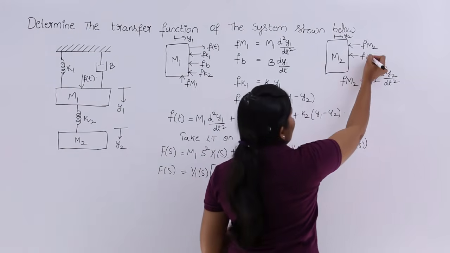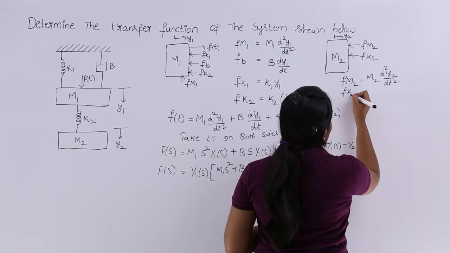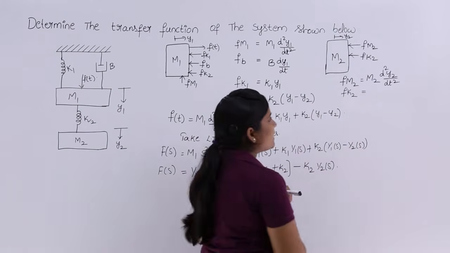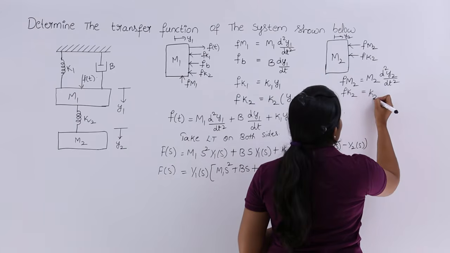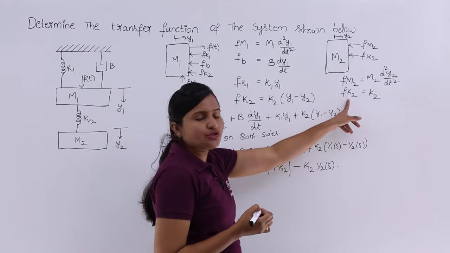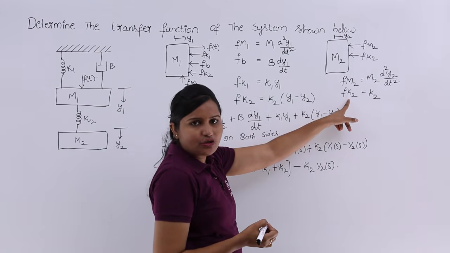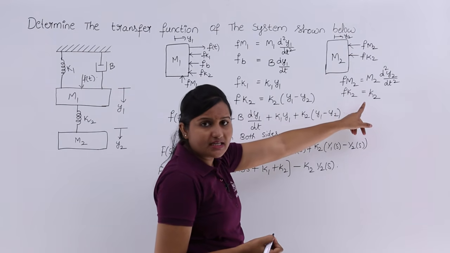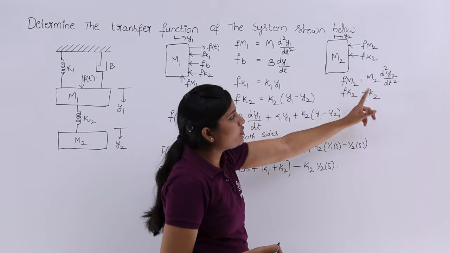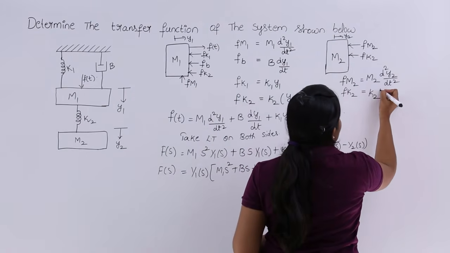Now coming to Fk2, it is equivalent to k2 into displacement. This is related to the elasticity coefficient. Force due to a spring is equivalent to the elasticity coefficient into displacement. Here the displacement is y2.